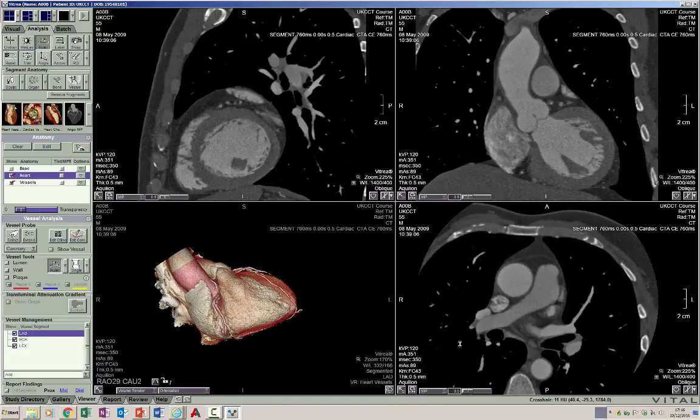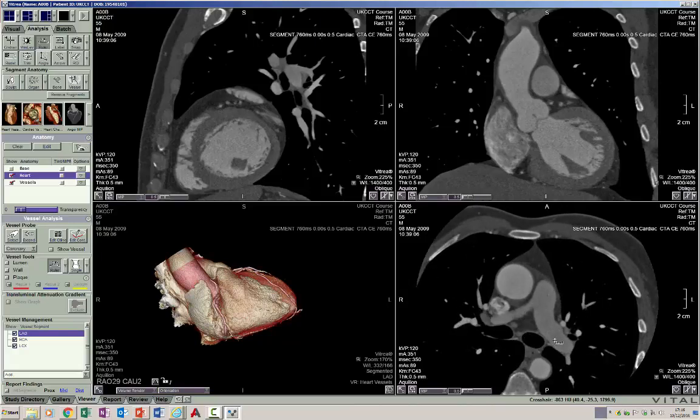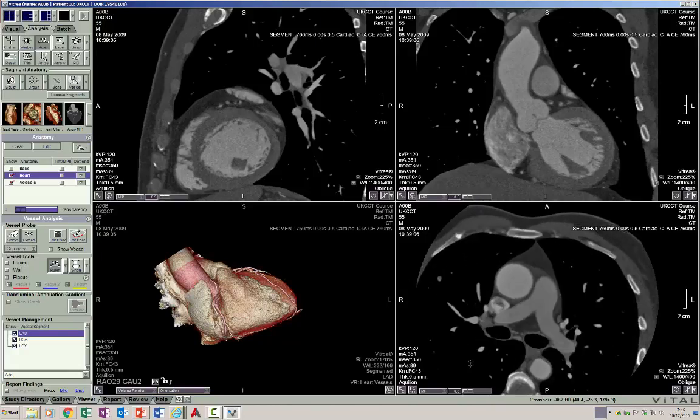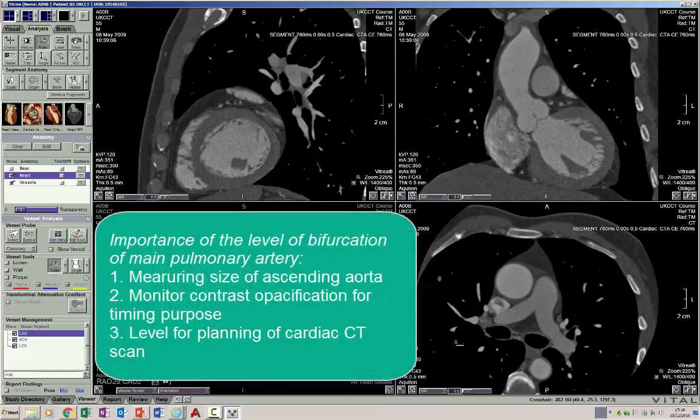As you go up, we see the main pulmonary artery, the right branch of the main pulmonary artery, the left branch of the pulmonary artery. And if you remember, this is an important level at which we measure the size of the ascending aorta. We check for the timing of the contrast arrival at this level, either in the ascending aorta or the descending thoracic aorta.